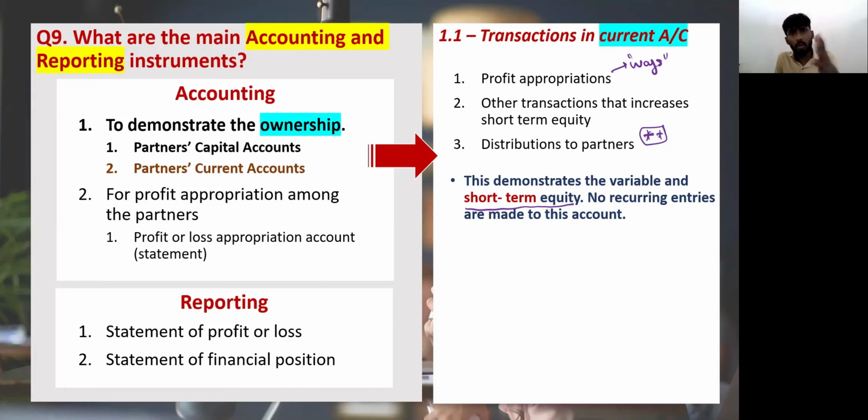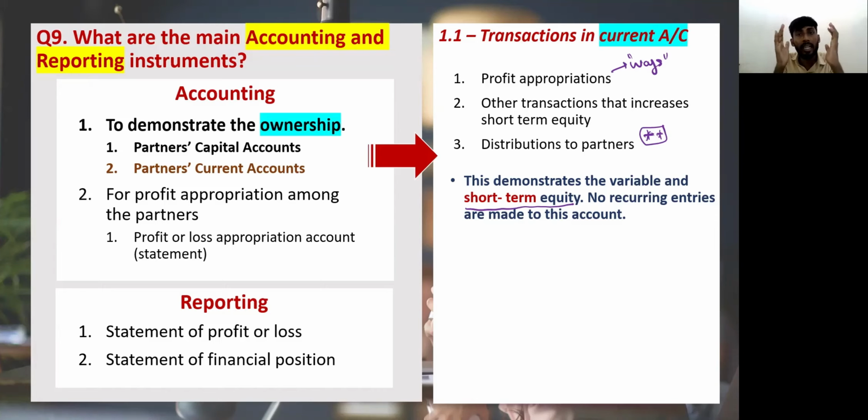Now, you learnt about the capital account, my dear students. All the transactions other than the transactions recorded in the capital account are recorded in the current account. That's very easy to keep in your mind. Why?